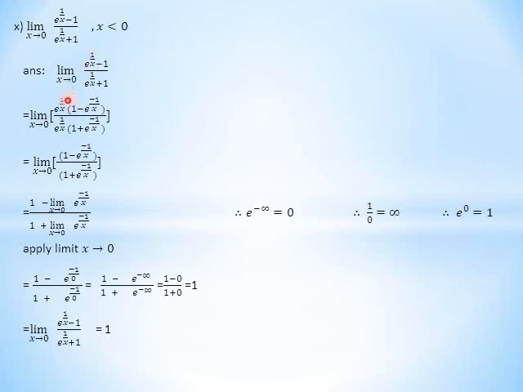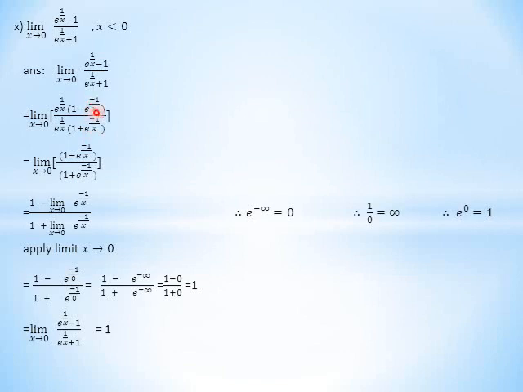So e raised to the power 1 upon x times (1 minus 1 upon e raised to the power 1 upon x), and similarly e raised to the power 1 upon x I am taking common in the denominator, so 1 plus 1 upon e raised to the power 1 upon x.